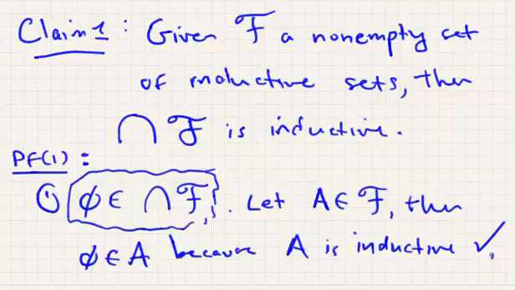So in order for the empty set to be in the intersection, it has to be in every single element of F. And that's true simply because every element of F is inductive.